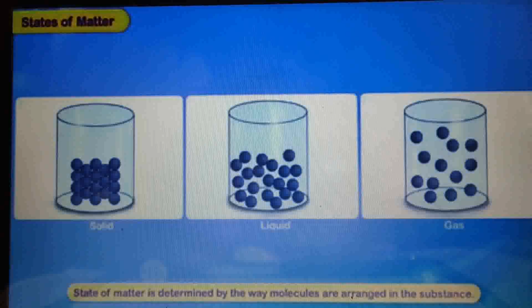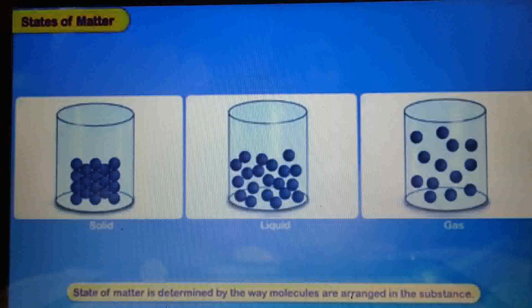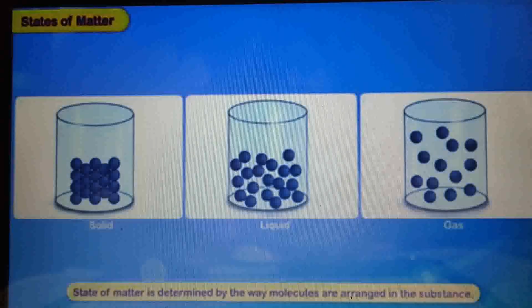In liquids, there are small spaces between these molecules. And in gases, there are large spaces between the molecules. So we can say that the different states of matter are determined by the way the molecules are arranged.